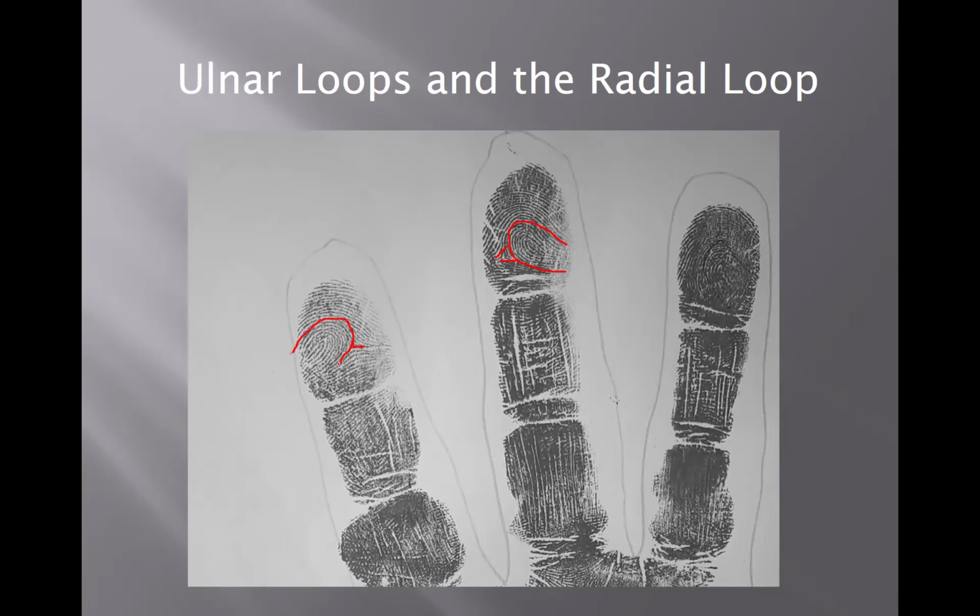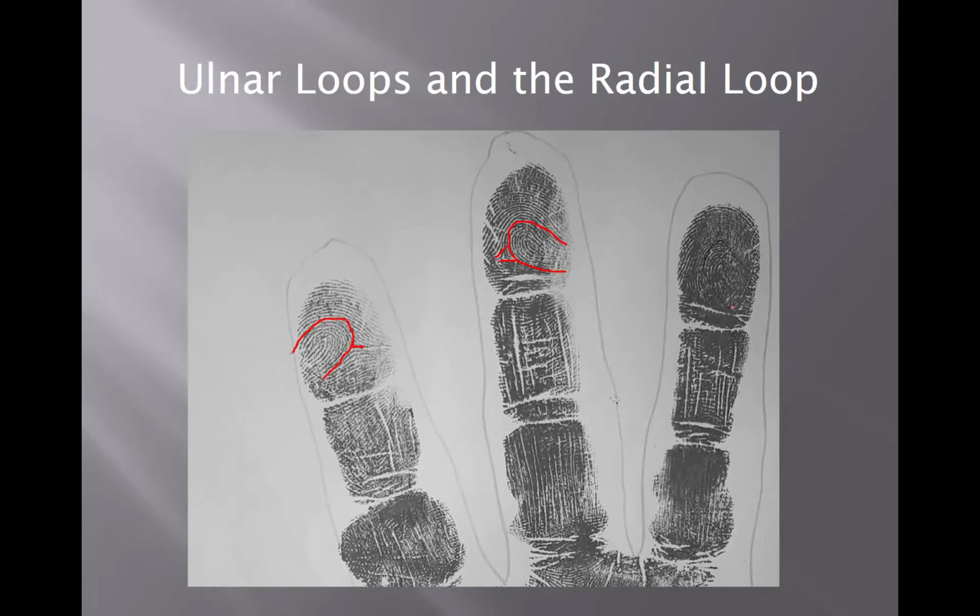So the distinctive thing about a radial loop is it opens from the radial side of the hand. The radial side of the hand is the thumb side of the hand. So this handprint that we're looking at here is the right hand. That's a right index finger with the loop opening to the thumb side of the hand.